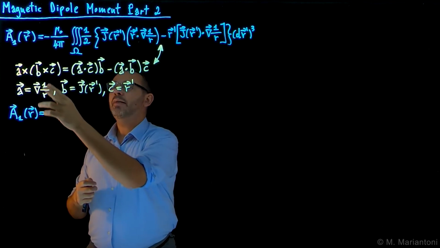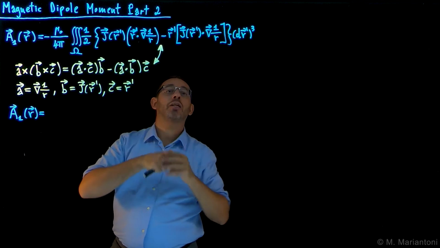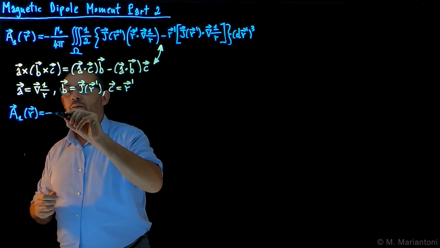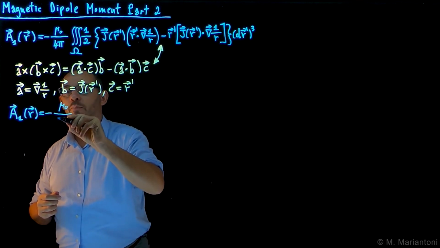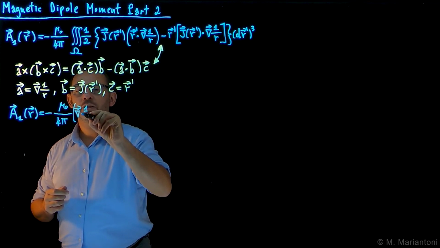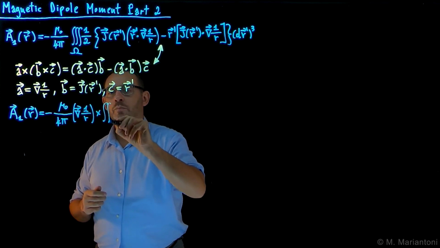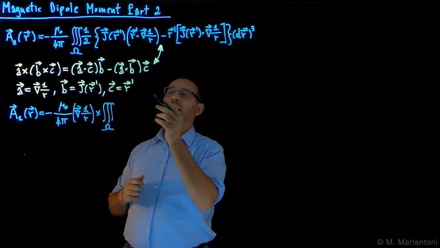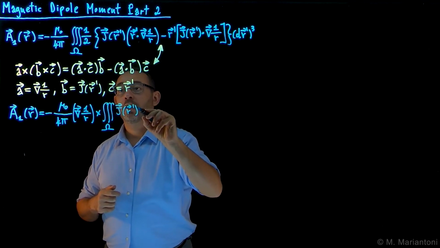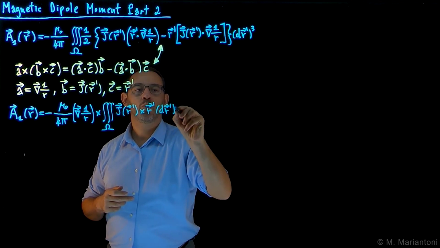Clearly the gradient of 1/R crosses the rest of the integrand, but the gradient of 1/R is not a function we are integrating on, because it's only a function of R, so I can take it outside the sign of integral, and so I obtain minus mu naught over 4 pi, gradient of 1/R, which is a vector, and this vector crosses the volume integral in the region omega of B cross C, which is nothing but J at R prime crossed with R prime, the whole thing in d R prime cubed.